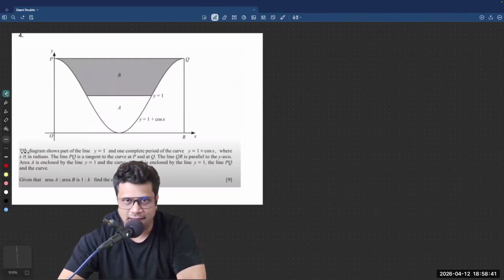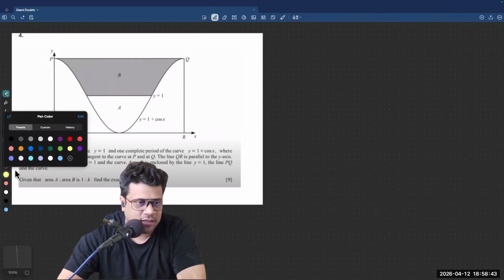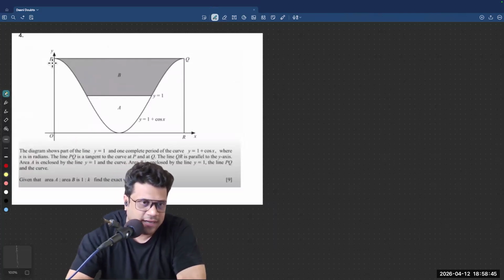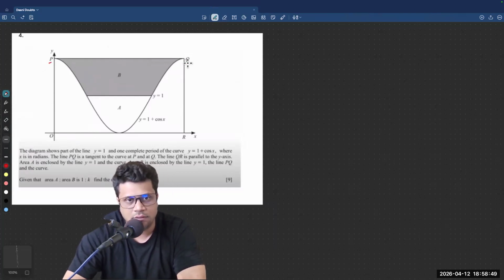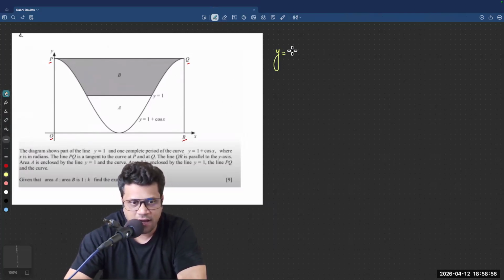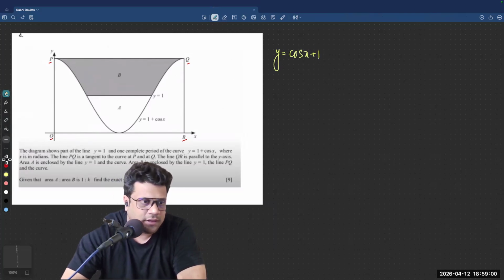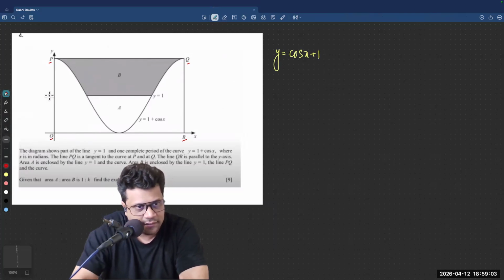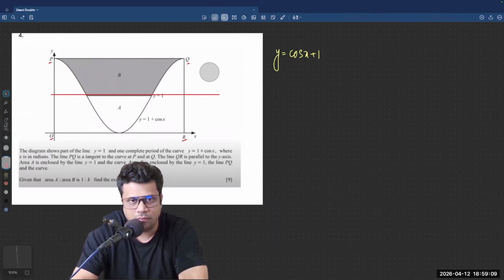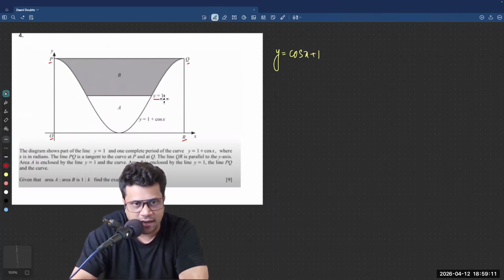See, the first thing to notice about this question is the coordinates of these points P, Q, O, and R. If it's the curve for y equals cos x plus 1, you should know that this here is the principal axis for it, which is the y equal to 1 line.